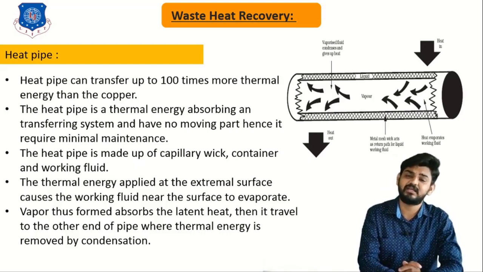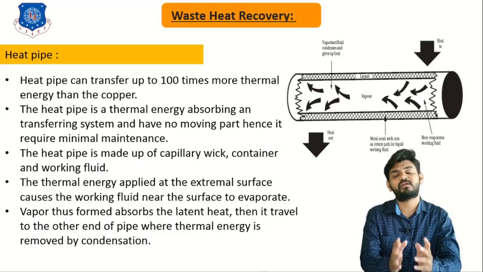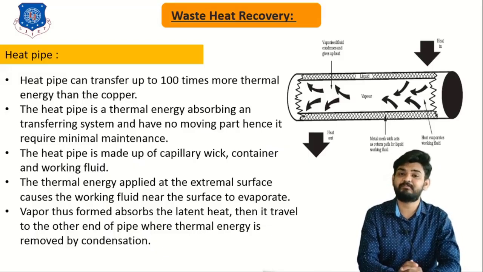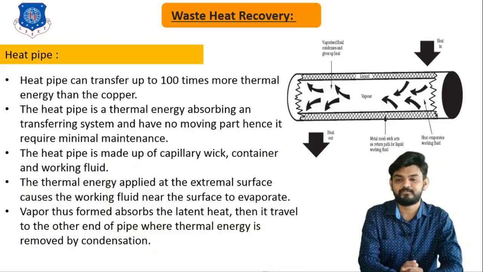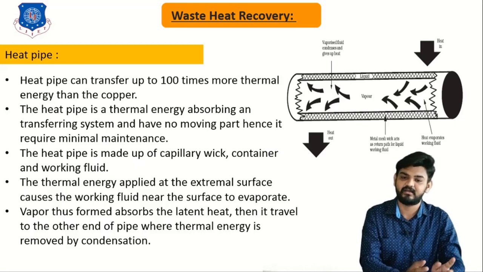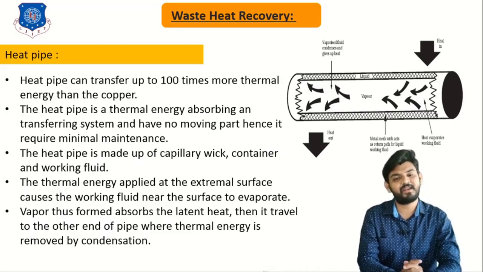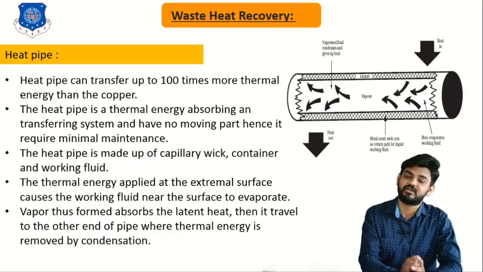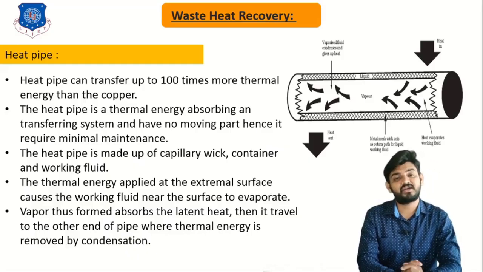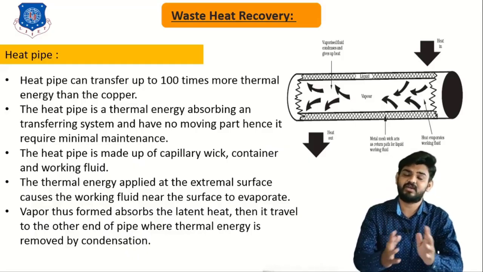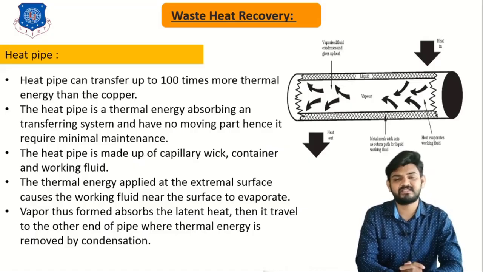This heat energy causes the working fluid inside the pipe to evaporate. The vapor thus formed absorbs the heat and then travels to the other end, and this heat can be removed by condensation. So when the heat is required to be extracted from such devices, it is condensed at the other end of the pipe.